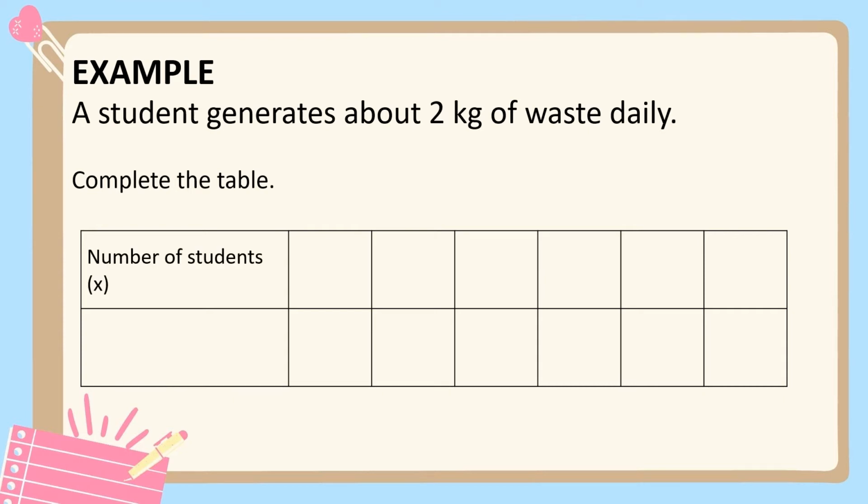The number of students will be our x variable, while the amount of waste in kilograms will be our y variable. So if one student generates 2 kilograms, how about if we have 2, 3, 4, 5, or 6 students?